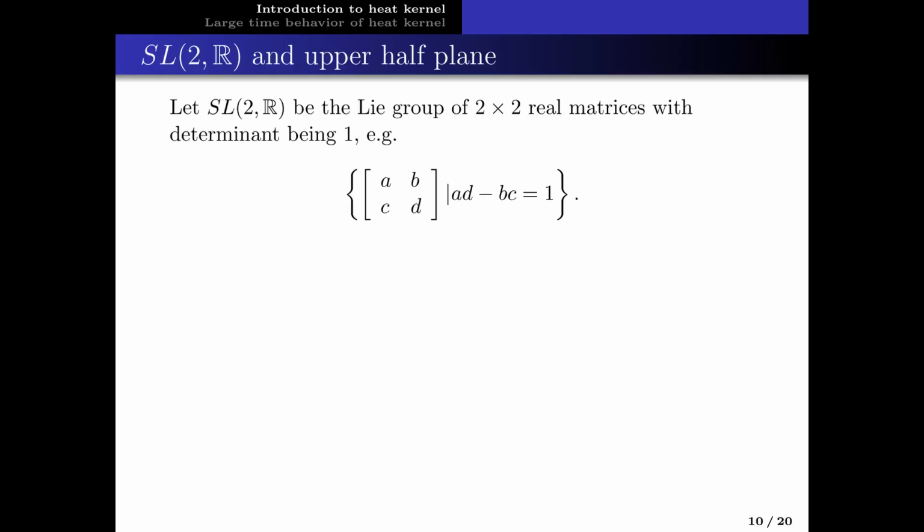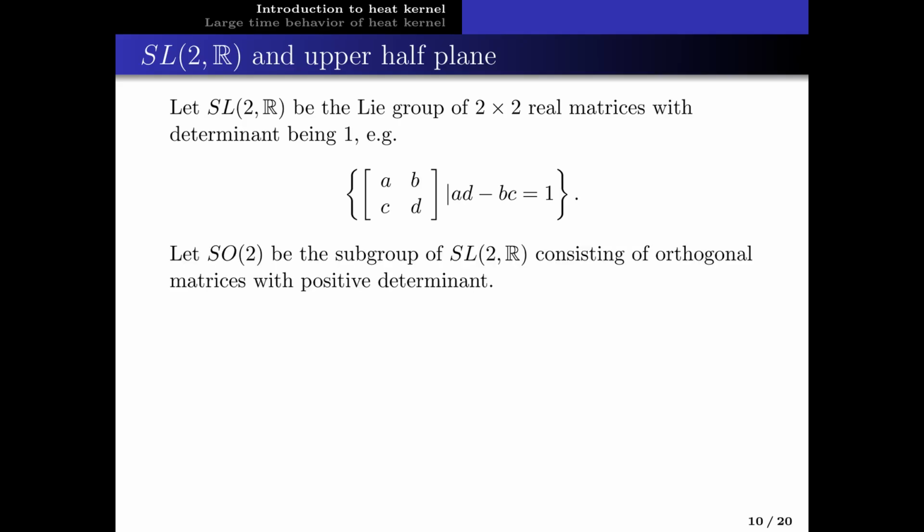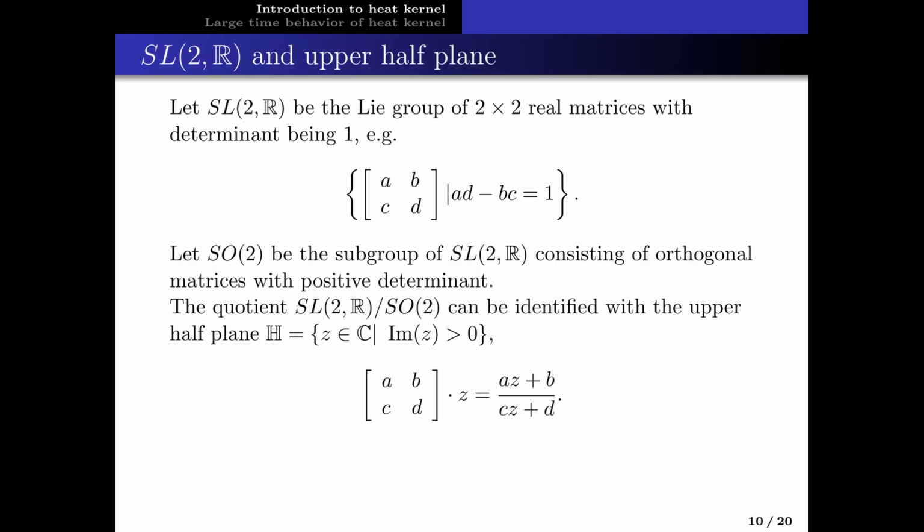Next, I want to move to 2 by 2 matrices. We have matrices with determinant equal to 1, that's the special linear group. For the space we're looking at, we take the compact subgroup of SL2(R), the special orthogonal group, so we consider orthogonal matrices with determinant 1, and then look at the quotient.